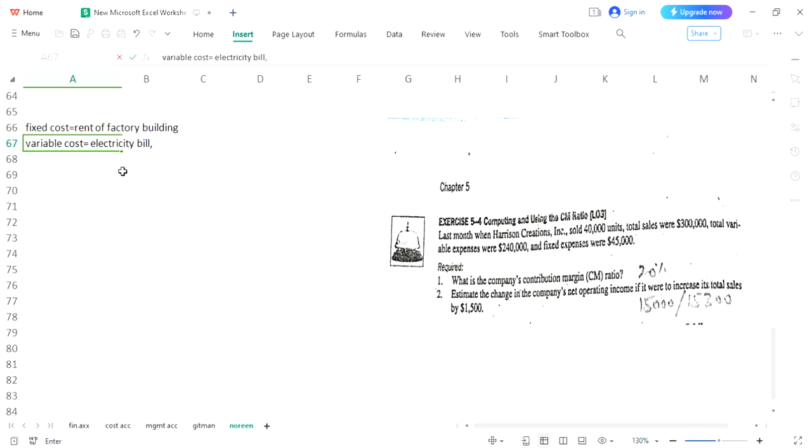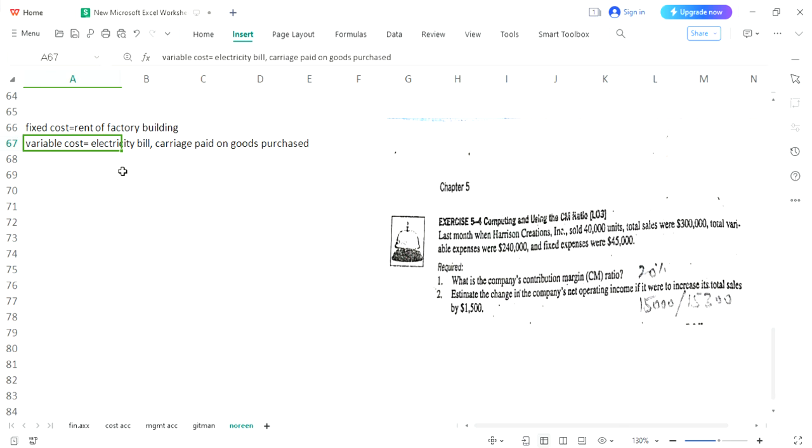One more example we can add is carriage paid on goods purchased. How will you tackle this variable cost with the example of carriage paid on goods purchased?